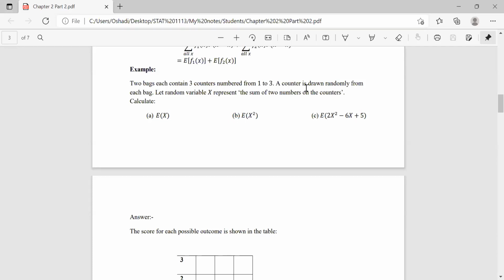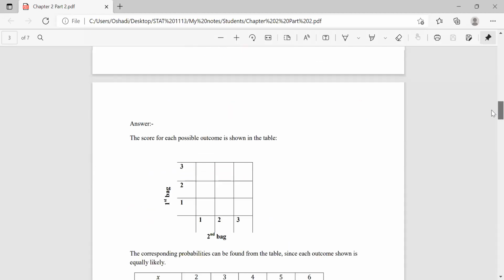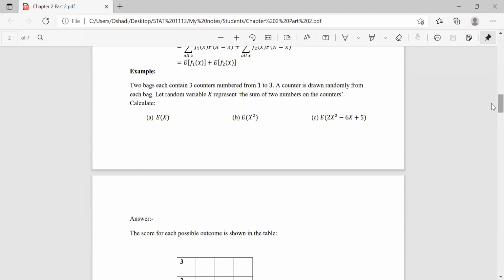From bag 1 a counter is drawn, and from bag 2 another counter is drawn. The random variable is the sum of two numbers, and they have asked us to find the expected value of given random variables and given functions, right?